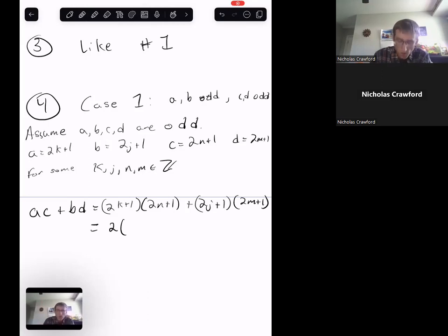But once you start multiplying it all out, you should get this. Let's just do it. This is going to be 4kn, I'm just FOILing these out, plus 2k plus 2n plus 1. Okay, so this is the first thing.